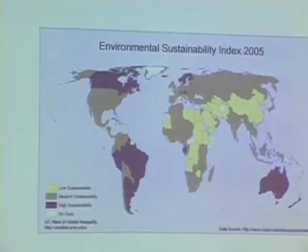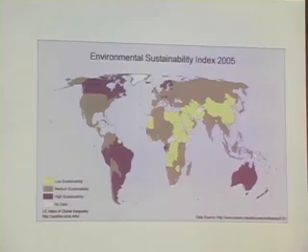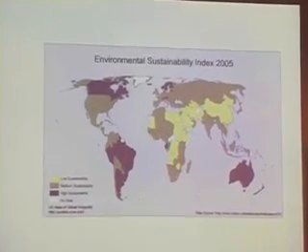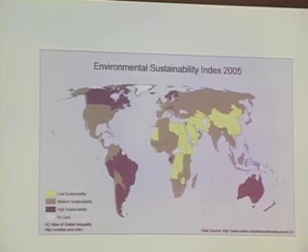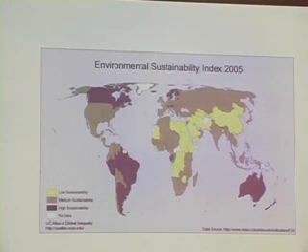Again, blue is highly sustainable, low sustainability is yellow. What this suggests is the industrialized world, with the exception of the US and a few other places, is sustainable. But the non-industrialized world, particularly Africa and Asia, is not sustainable.